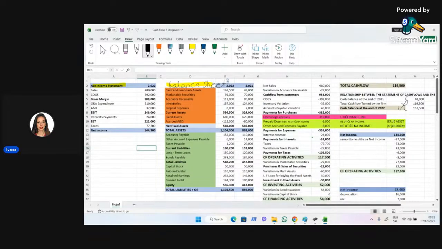So it's correct. You imagine here, you didn't spend all of this, so you bring this from previous year into this year.